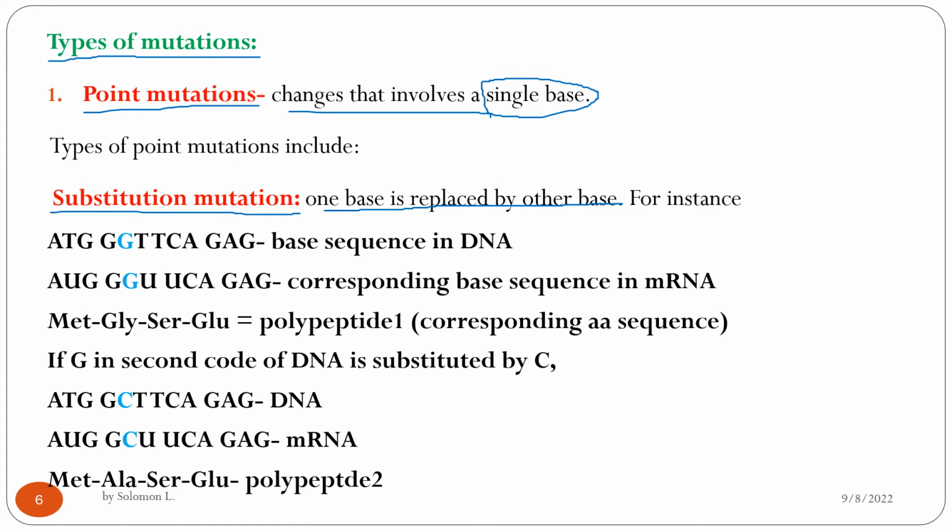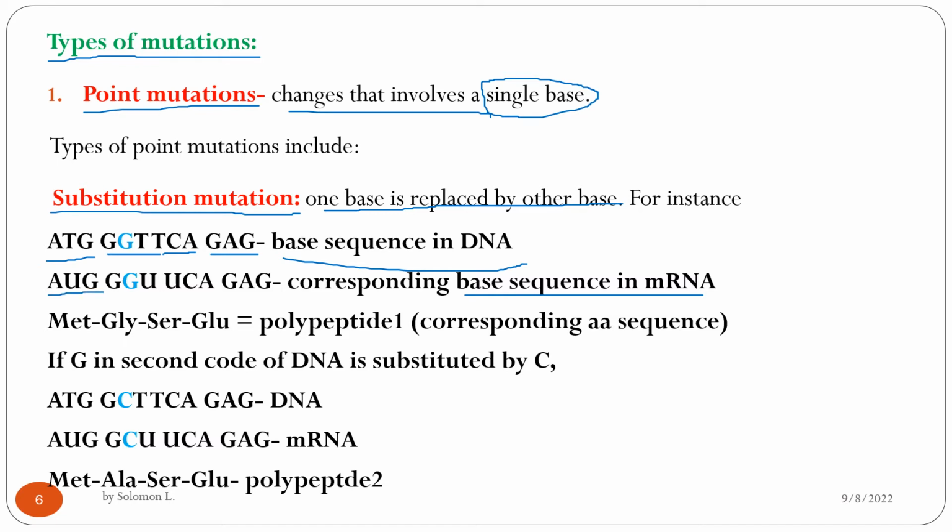For example, here in the base sequence of DNA, adenine, thymine, guanine makes the first code. Guanine, thymine makes the second code. Thymine, cytosine, adenine the third code, and guanine, adenine, guanine makes the fourth code. These base sequences in DNA are transcribed into corresponding base sequences in messenger RNA. Therefore, adenine, thymine, guanine is transcribed into adenine, uracil, guanine.